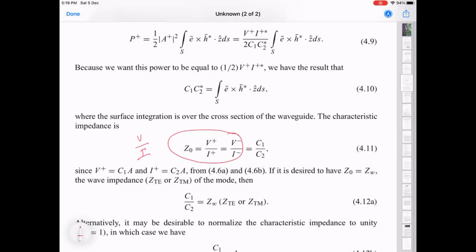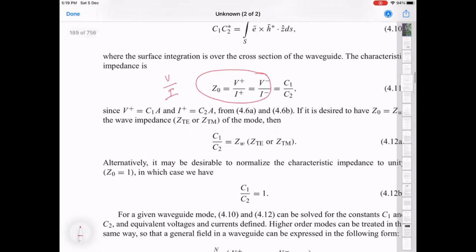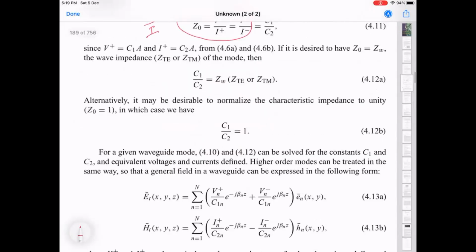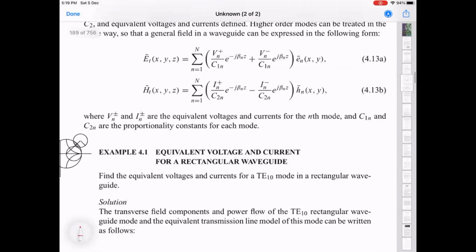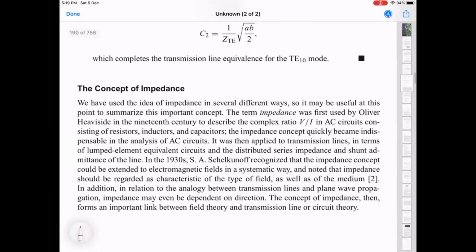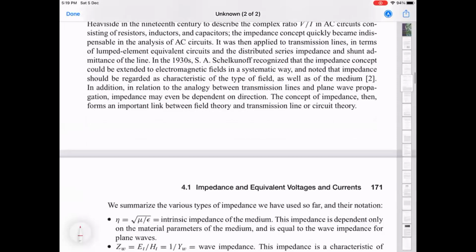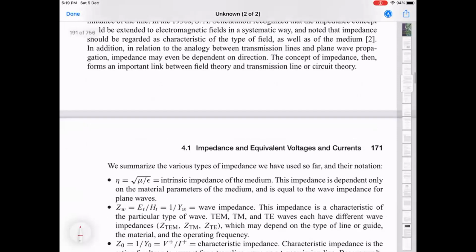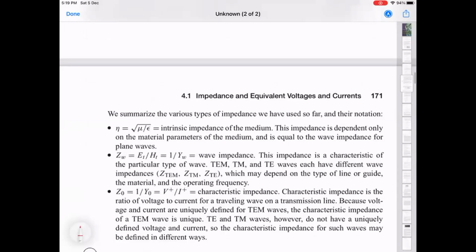And they also talk about here the different kinds of impedances one can define in this section. So these are not super useful in terms of doing practical microwave circuits, but it connects the various kinds of impedances. If you remember, I had mentioned quite early in the class the free space impedance being related to mu and epsilon, and this is, of course, the wave impedance for plane waves.